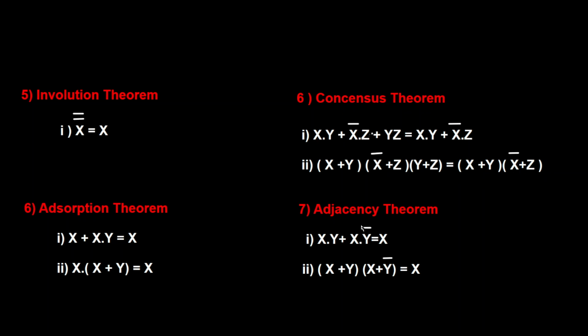Next, number 7, adjacency theorem, which is x dot y plus x dot y bar equals x. And number 2, (x plus y) whole into (x plus y complement) equals x.